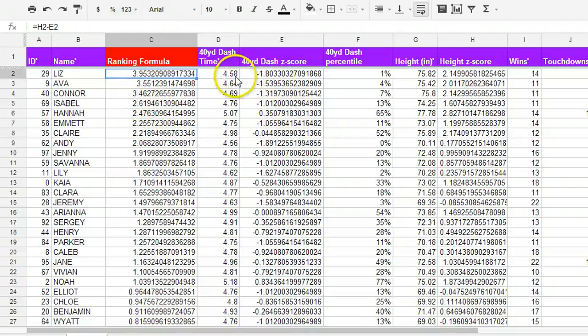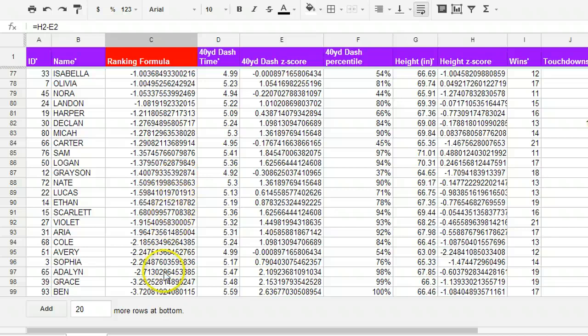And if I look at Liz's 40-yard dash time, she is definitely one of the lowest 40-yard dash times. In fact, in the 1 percentile, so only 1% are at or below her score. And then in height, 2.14 for a z-score, she's 2 standard deviations above the average height. So in this case, she ends up having a very high score.